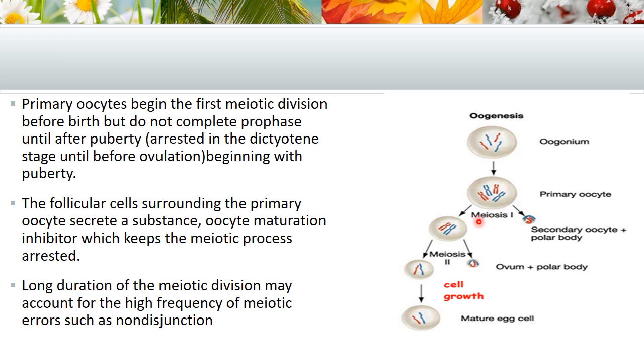The primary oocyte is surrounded by the follicular cells, which secrete a substance called the oocyte maturation inhibitor, and this oocyte maturation inhibitor keeps the meiotic process arrested in the diplotene stage of prophase 1. This long duration of the meiotic division may account for the high frequency of errors, that is non-disjunction, resulting in abnormal gamete formation.